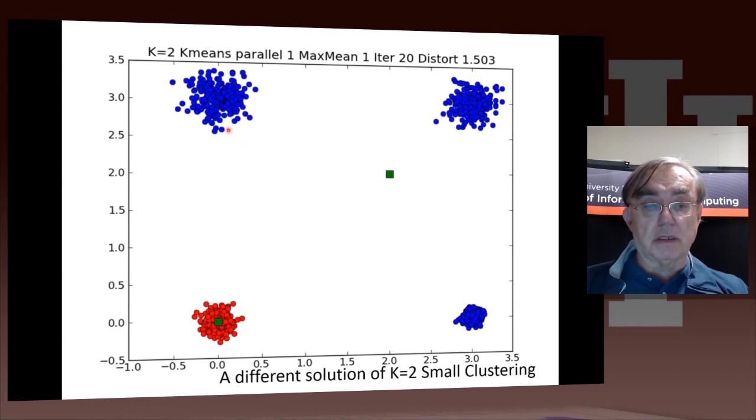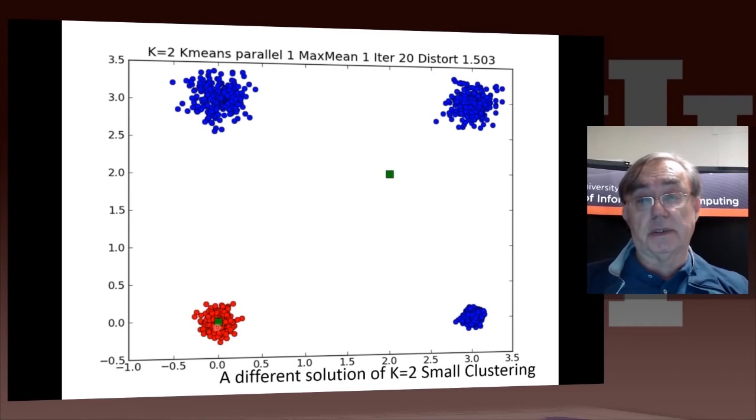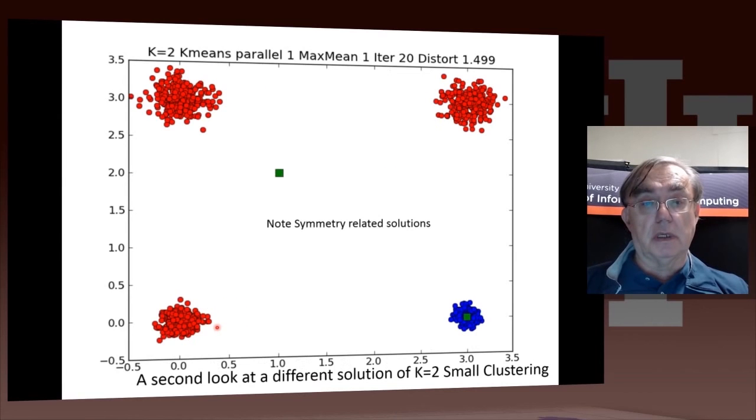Then we would get a solution like those 2 were a cluster, these 2 were a cluster, or these 2 were a cluster, and those 2 were a cluster. But actually what it's done is made these 3 one cluster, and this single one cluster. So it's done a very different solution. And we have a slide or 2 on that later on.